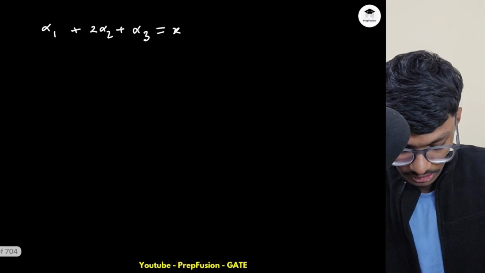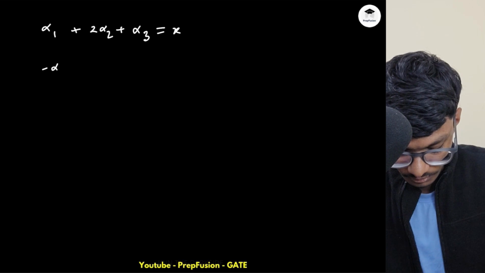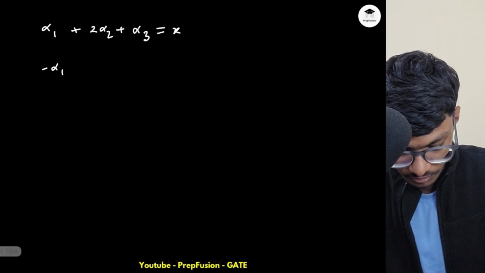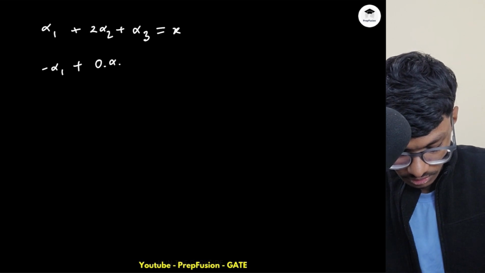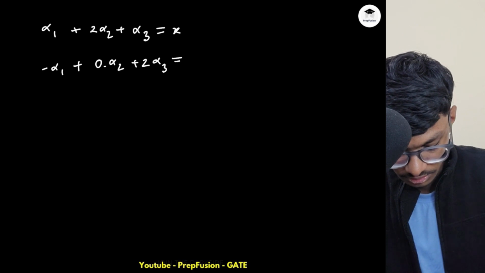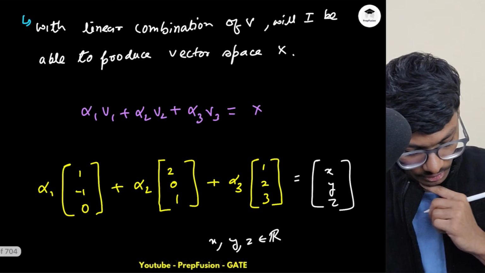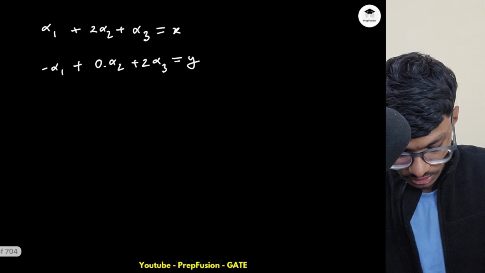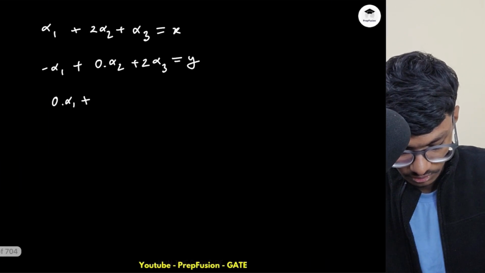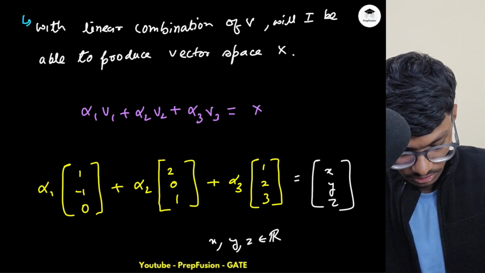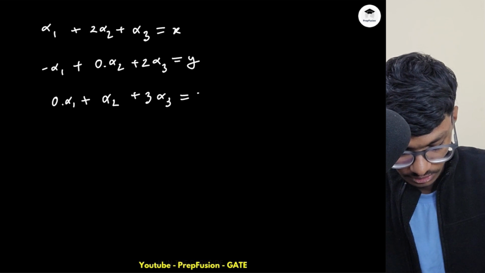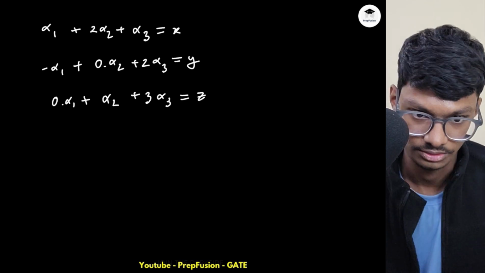Then minus alpha 1 plus 0 times alpha 2 plus 2 alpha 3 equals y. Then 0 times alpha 1 plus alpha 2 plus 3 alpha 3 equals z, right?